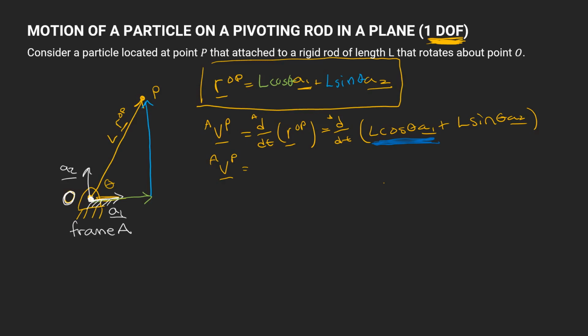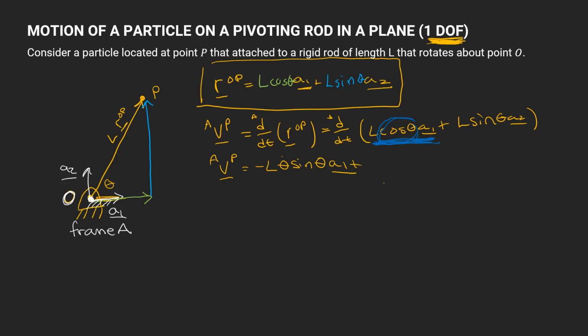So the only element that depends on time is this cosine theta, and that's because theta depends on time. So we still have to use the chain rule here, but nevertheless, taking the derivative of this component here is simply negative L theta dot sine theta A1.